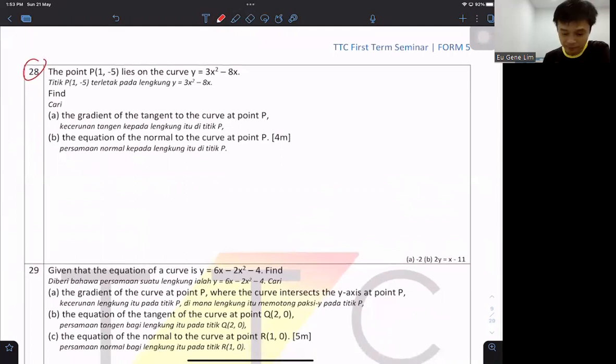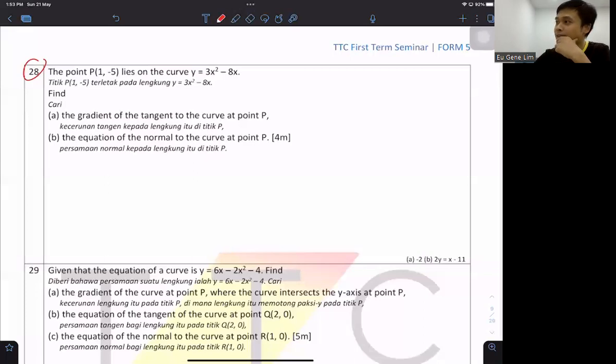What is the topic? Just now you learn how to differentiate, then you learn chain rule, and then you learn product rule, quotient rule. You know how to differentiate already.